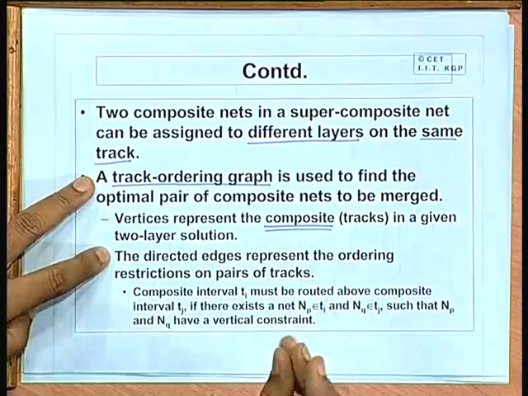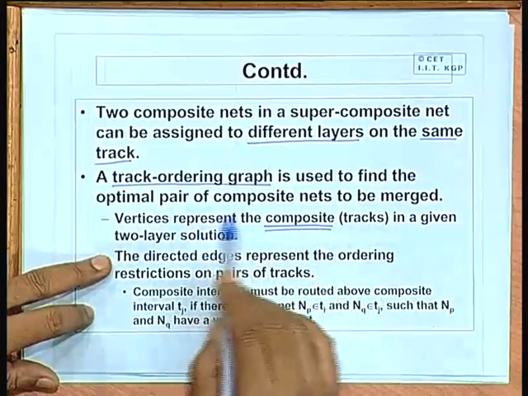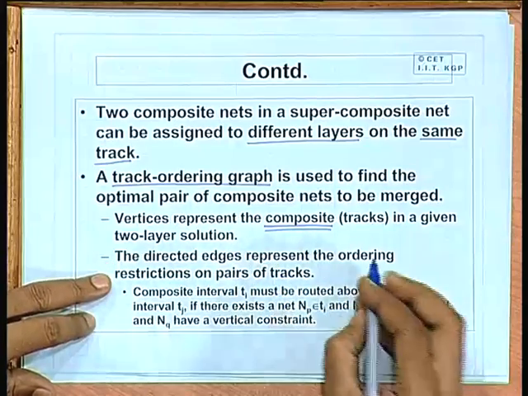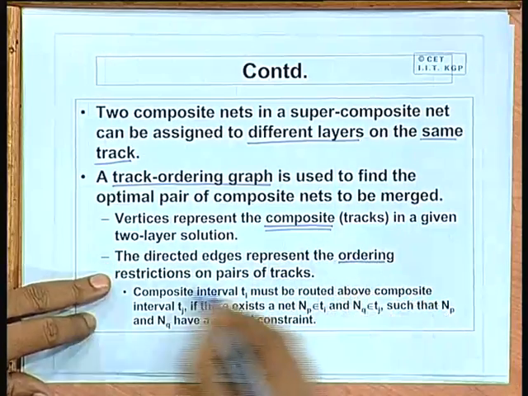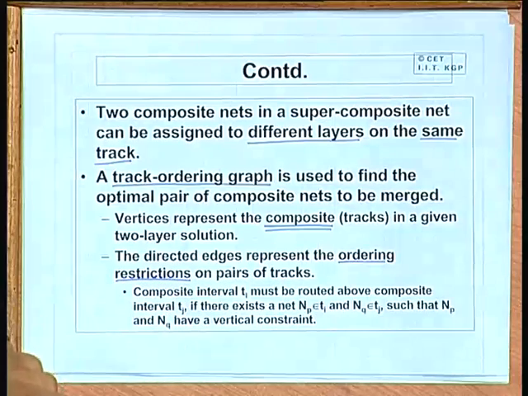After we have done conventional net merging in 2-layer routing, we have the composite nets. So, in the track ordering graph, the vertices will represent the composite nets. There will be directed edges between some of these vertices, which will represent some ordering restriction on these pairs of tracks.